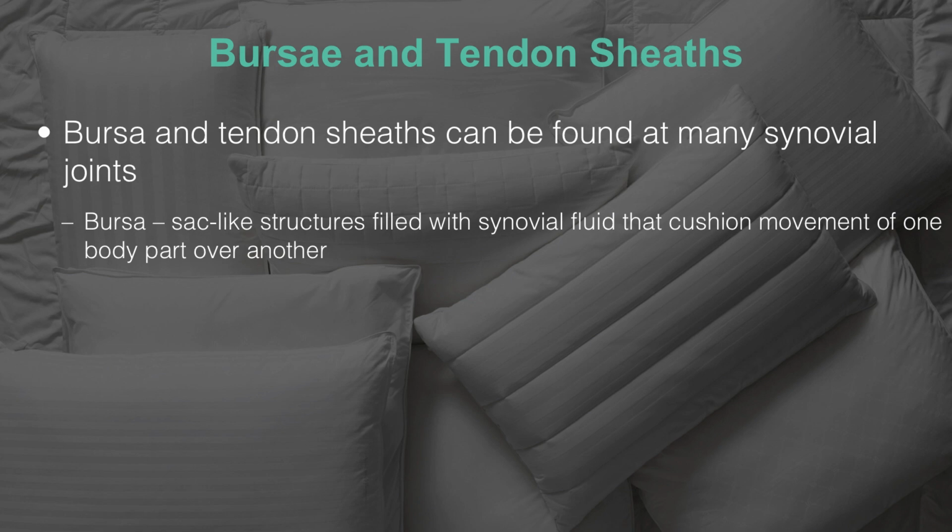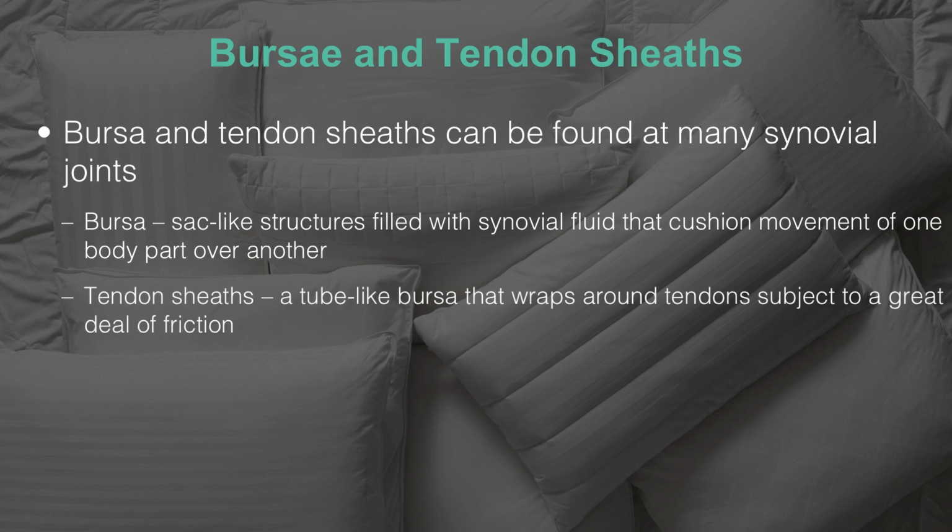A bursa is a pillow that sits outside, and it might be between the fibrous capsule and a tendon that rubs back and forth during contraction, or between the capsule and another bone or a structure that might wear it down. It's a pillow-like sac that helps to reduce wear from external factors.